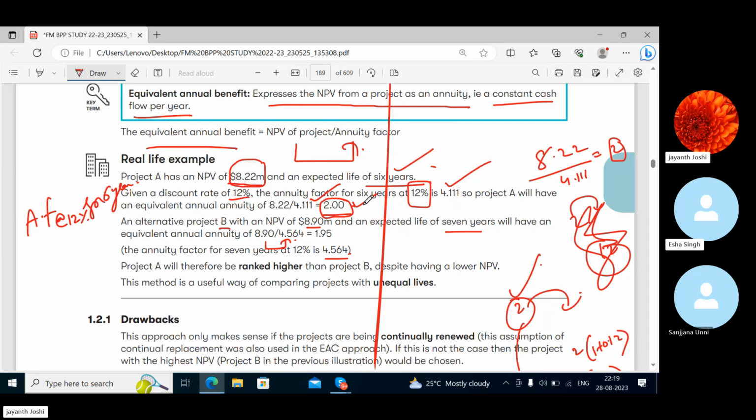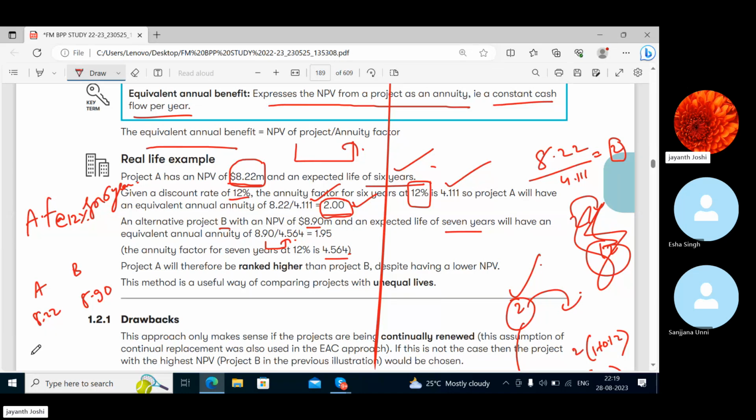So we will rank project A higher than project B, correct? See, A's NPV is 8.22. B's NPV is 8.90.